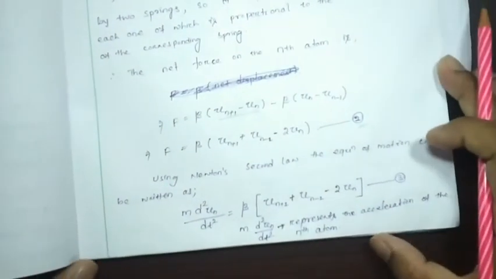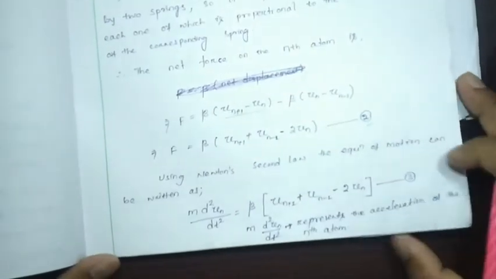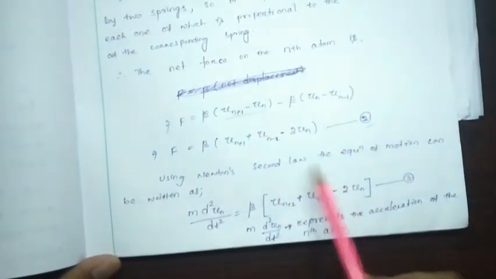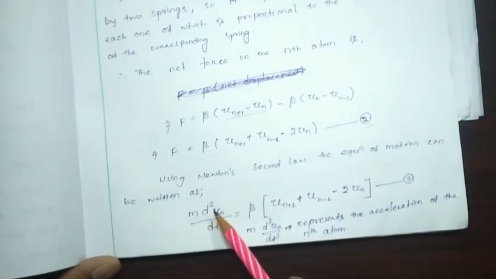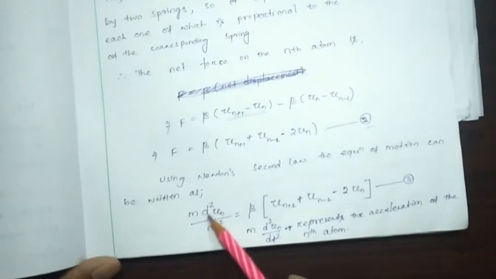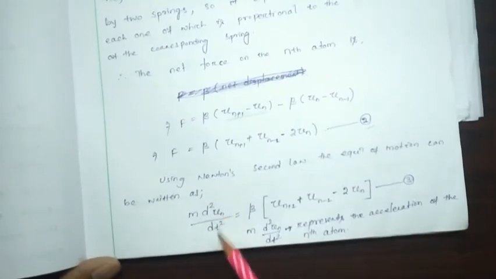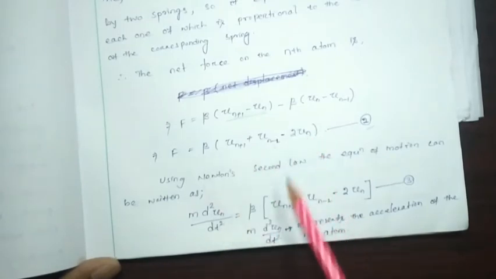Using Newton's second law, F can be written as mass into acceleration, or mass into d square x by dt square. Here the displacement is nothing but un, so m d square un by dt square will be equal to this much.